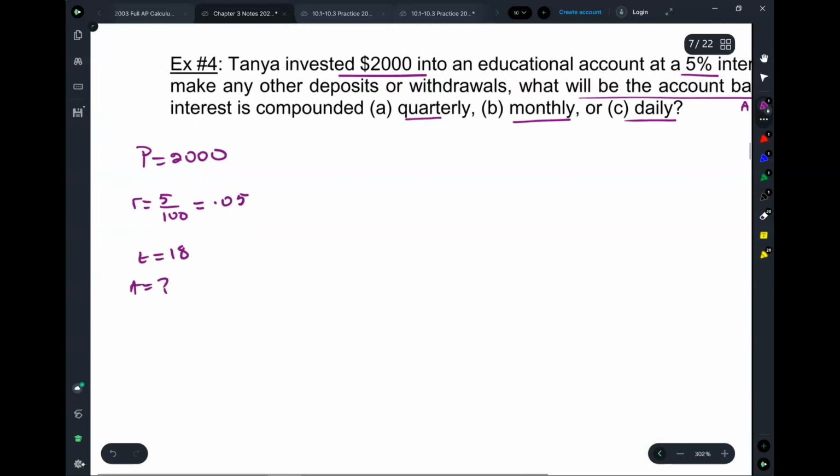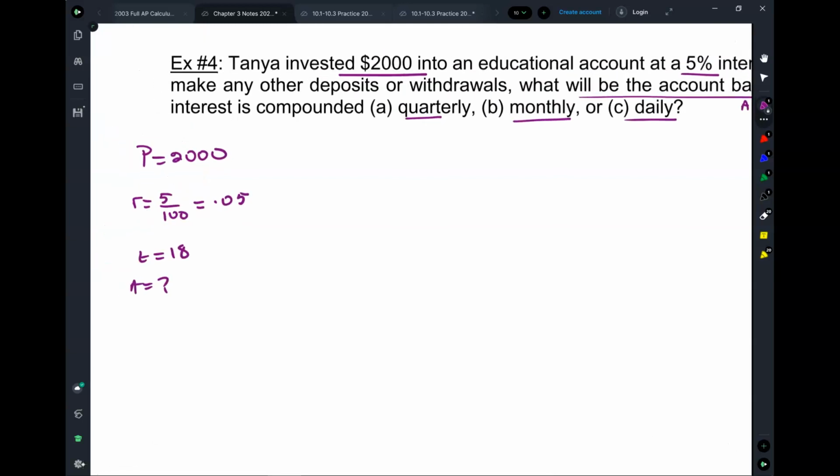If the interest is compounded quarterly, that means it's happening 4 times a year, so N is equal to 4. Monthly, N is equal to 12. And daily, 365.